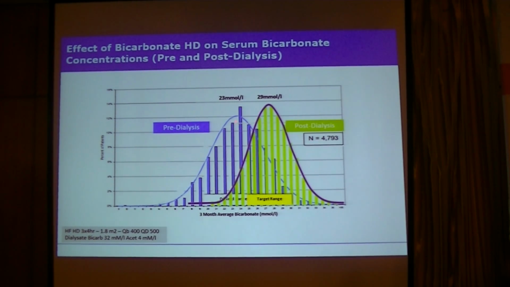So the idea is to narrow this distribution curve of the bicarbonate to make sure at the end the majority of patients are between 20, 25 and no more. And if you observe that some patients are alkalotic before the session, you have certainly to reduce the bicarbonate concentration of your dialysate. And again, back to the discussion yesterday, you have to personalize the concentration of bicarbonate to your patient.